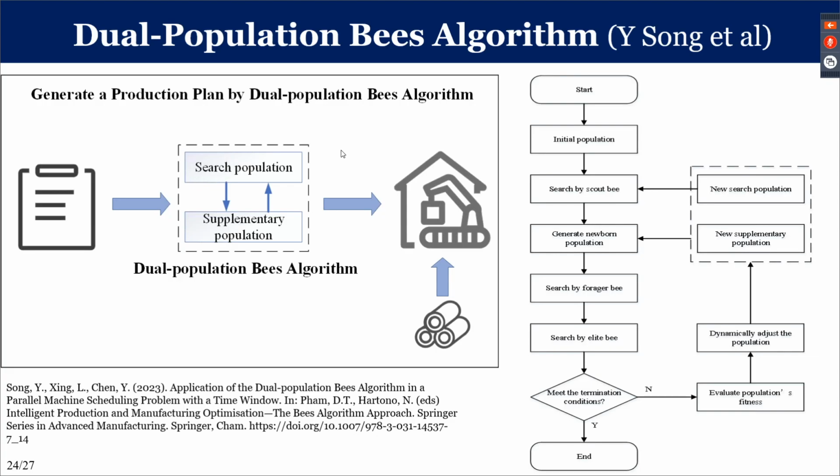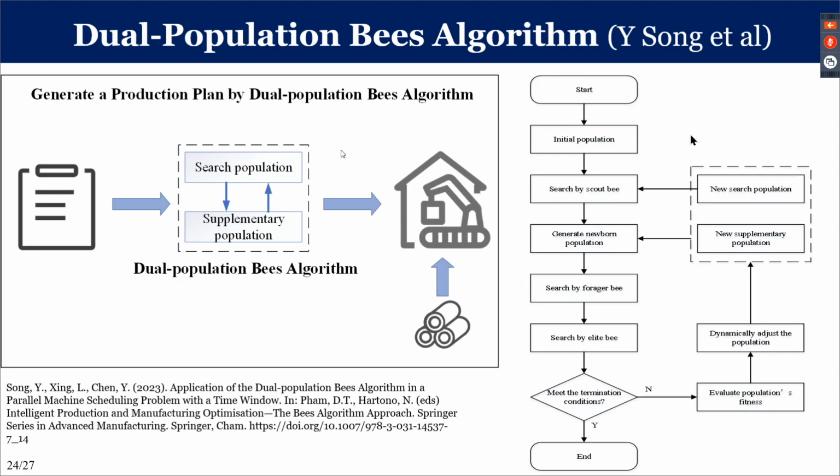On the other hand, bees from the supplementary population can be added probabilistically to the new population of bees in order, as I said, to increase diversity. Again, you can read more about Dr. Song's algorithm in this reference, which is also the reference where you will find the chapter on the 2-parameter Bees algorithm.